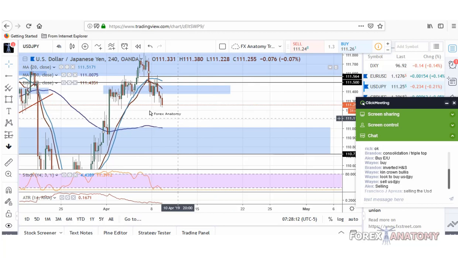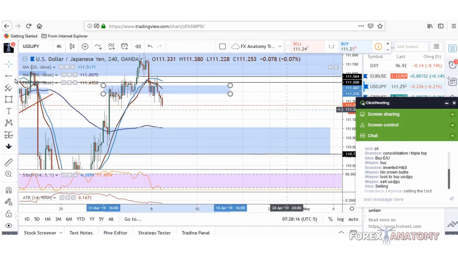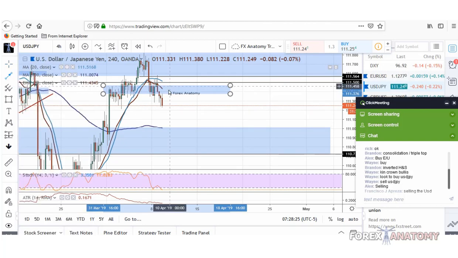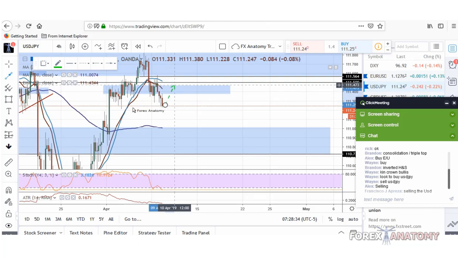So then we have this zone right here, the zone that we identified. What I would love to see is a retracement into this zone, or a retest of yesterday's low. Something like that, like a pullback, and a retest of this zone in area as resistance before we look for a selling opportunity.